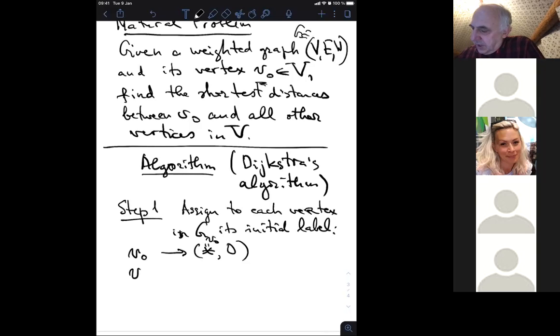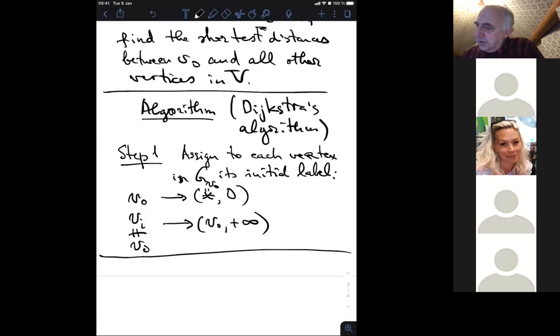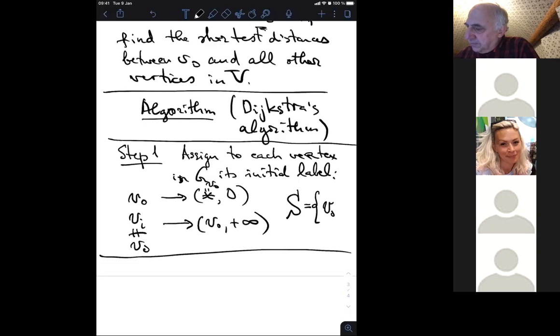And all the others, the Vi which are not V0, would be assigned the label V0 and plus infinity. This would be the initialization of our procedure. We'll also be creating a set of vertices, which we'll call S, and which will change. Initially it only contains our vertex V0.